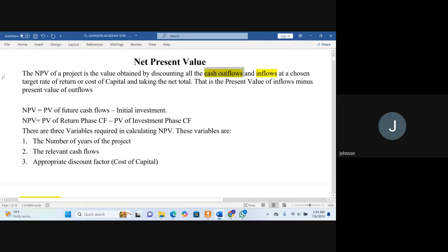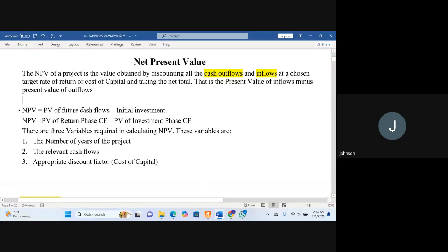The net present value of a project is the value obtained by discounting all the cash outflows, which is the investment stage, and inflows at the chosen target rate of return or cost of capital, and taking the net total. This is the present value of the inflows minus the present value of the outflows.